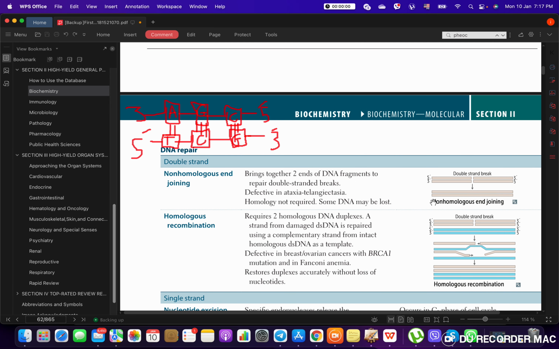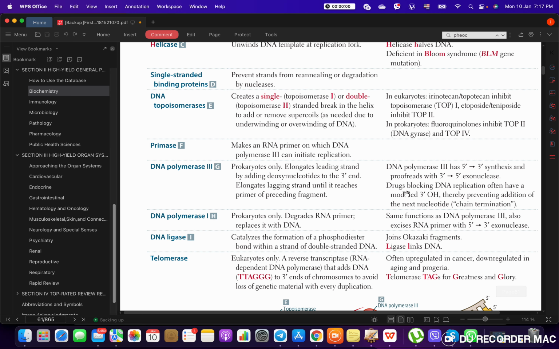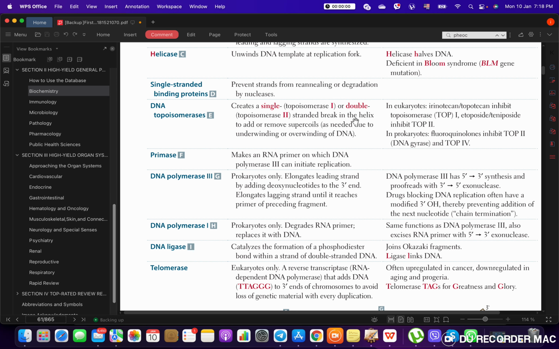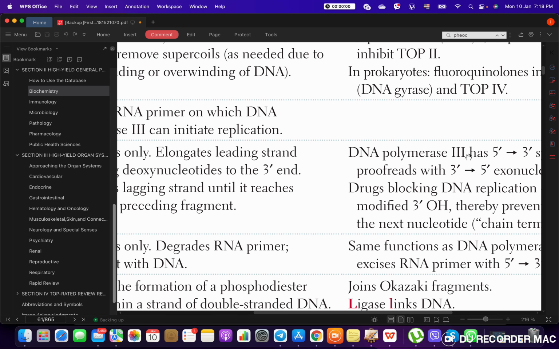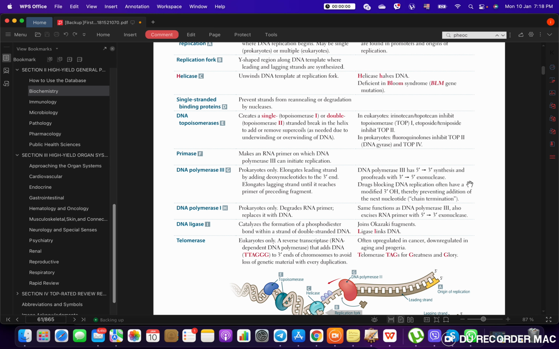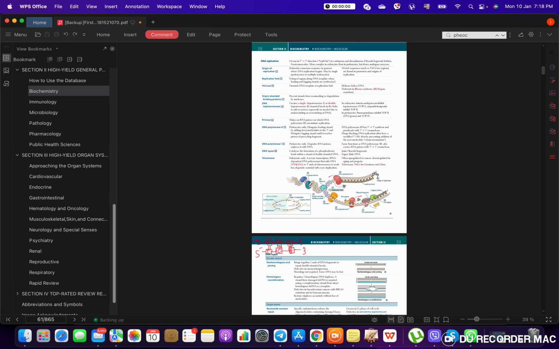Well, basically, we had the proofreading process happening, and if you remember, previous time we spoke about how the proofreading happens from the 3' to the 5' with the help of DNA polymerase number 3.